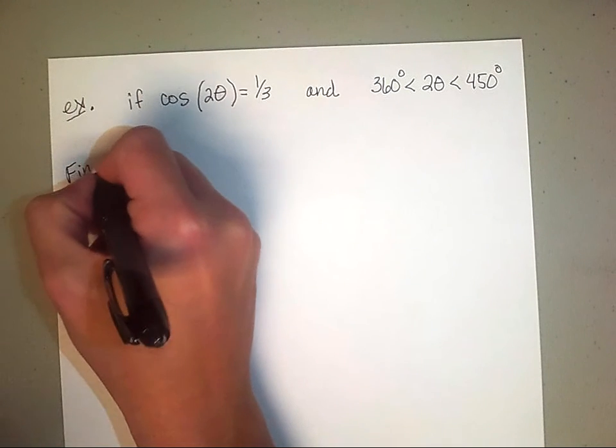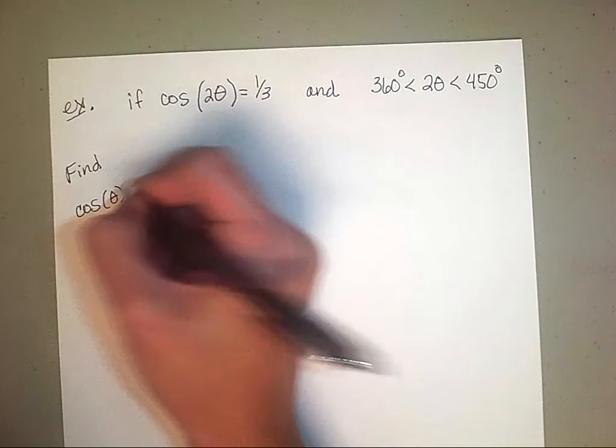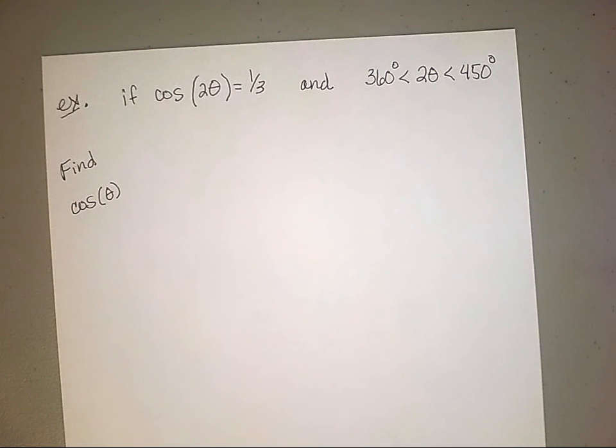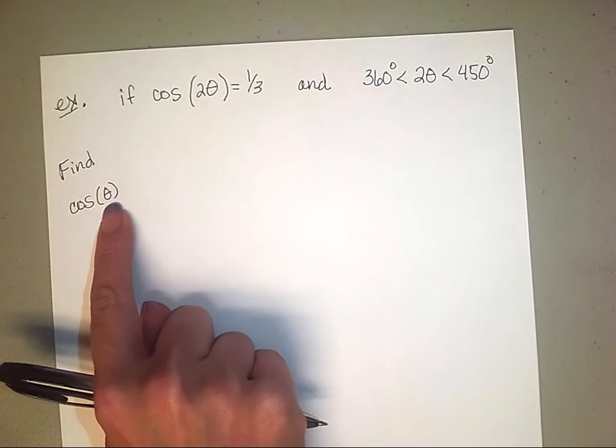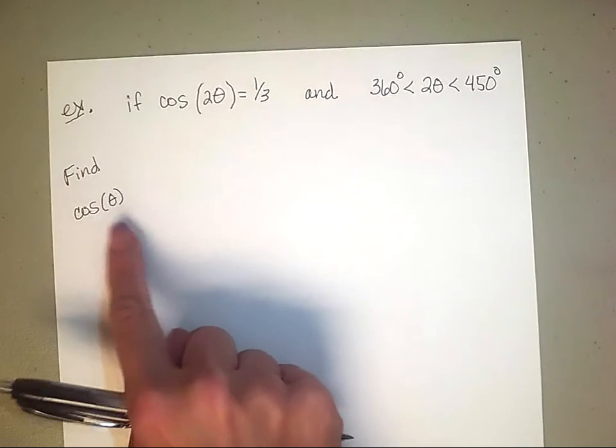We want to find now the cosine of just theta. So what do we use? Do we use the double angle or do we use the half angle? And what we are trying to find is half of this.